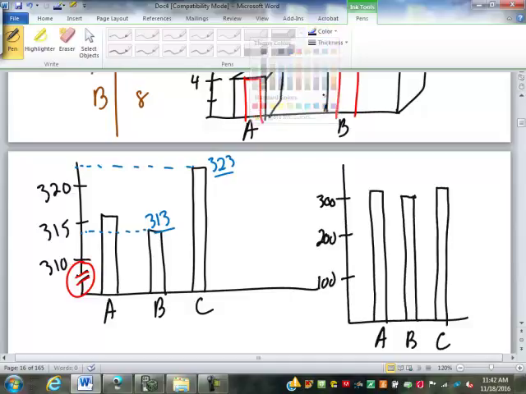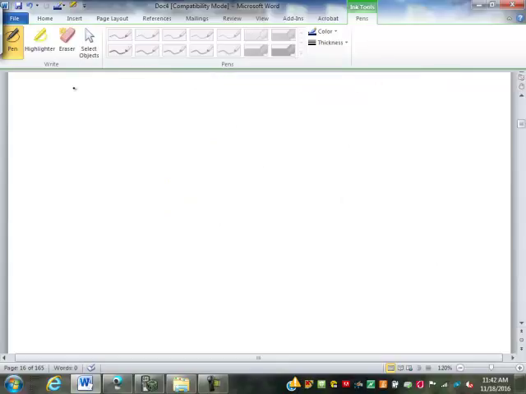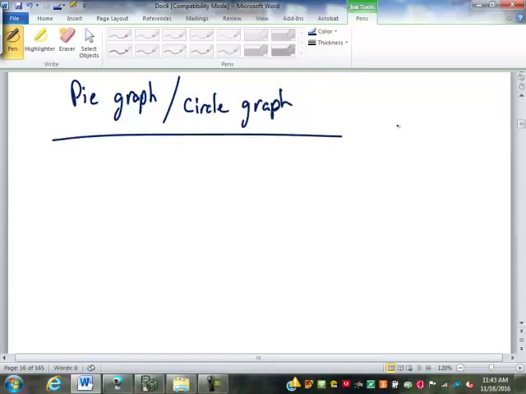Okay, other types of graphs we'll want to look at. A big one is a pie graph, or sometimes called a circle graph. Pie graphs and circle graphs usually represent percents.